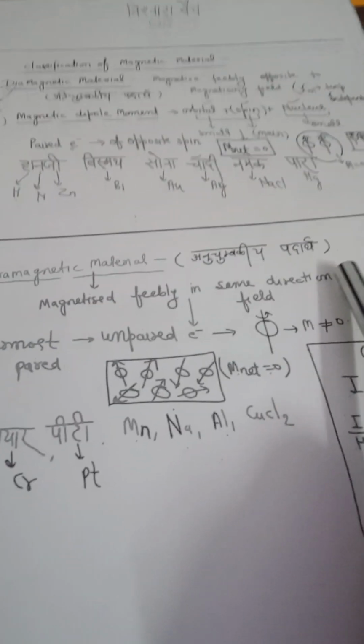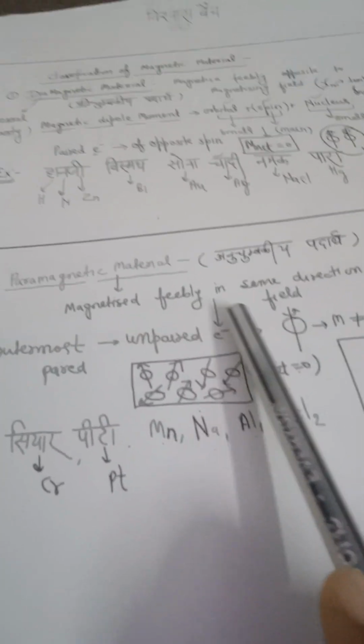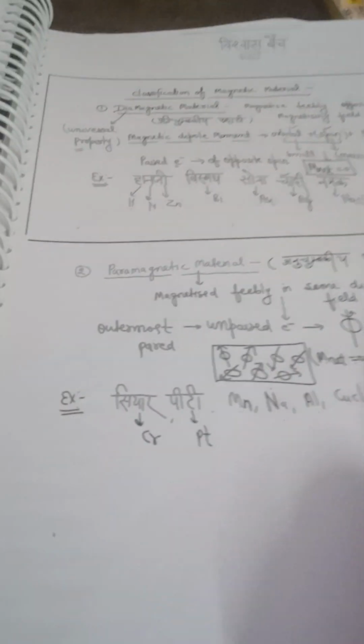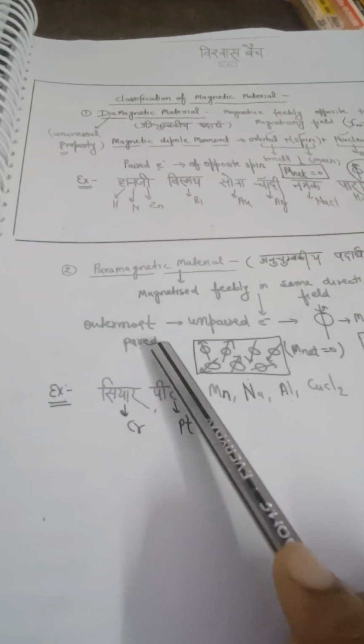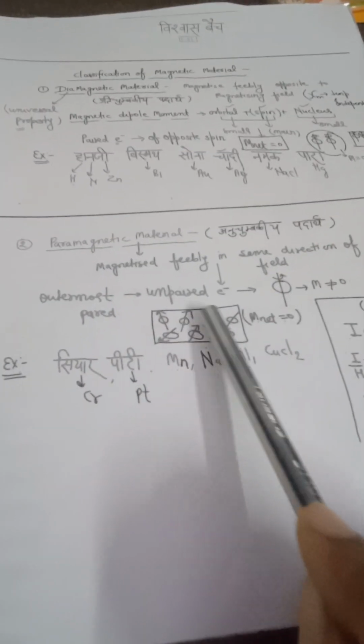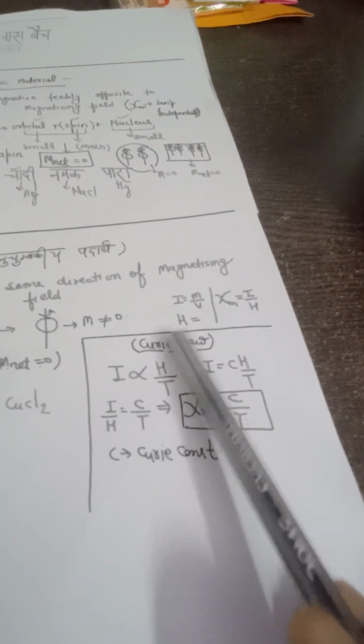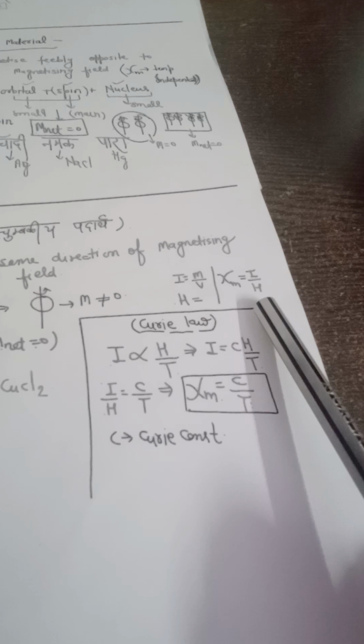So these are anuchumkiya padarth. They magnetize freely in the same direction as the magnetic field. They have unpaired electrons, so m is not equal to 0. I is equal to m upon v, and chi_m is equal to I upon h.